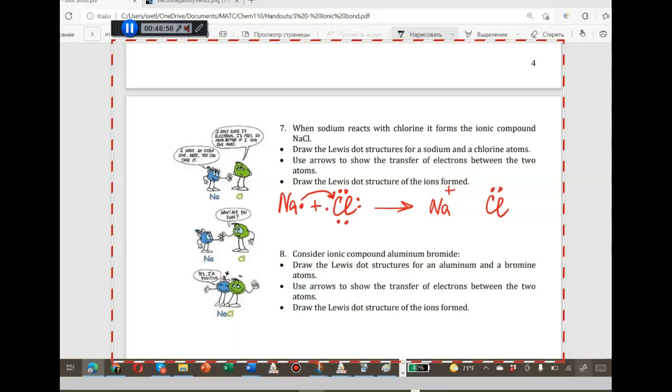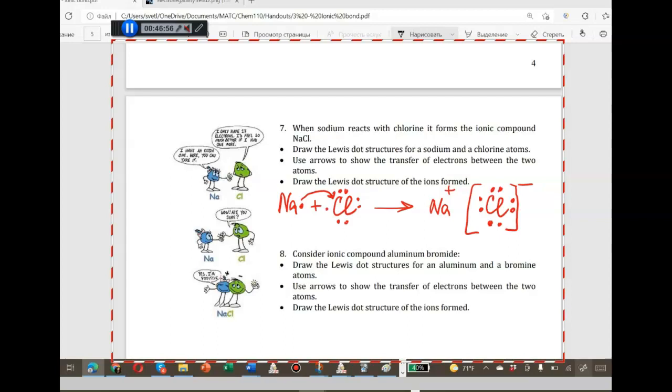It has 1, 2, 3, 4, 5, 6, 7, 8 electrons, and now it's negatively charged. I tried to show you that these electrons belong only to chloride, not to sodium. And after they become oppositely charged ions, they attract each other, and between the sodium cation and the chloride anion there is an ionic bond, a very strong one.